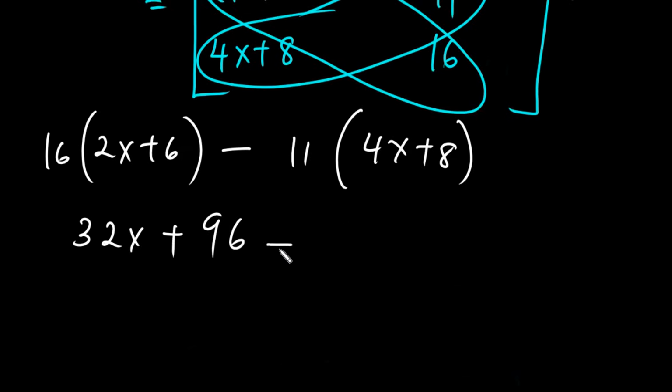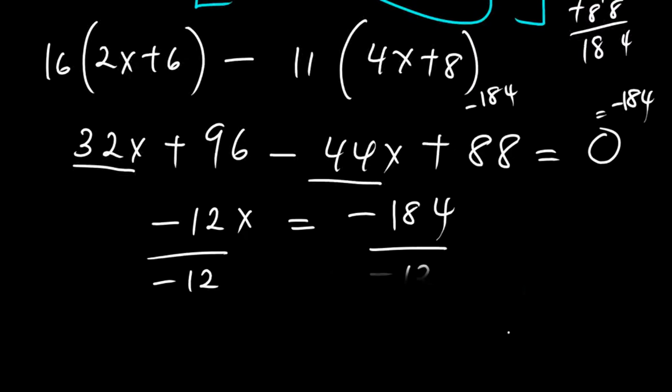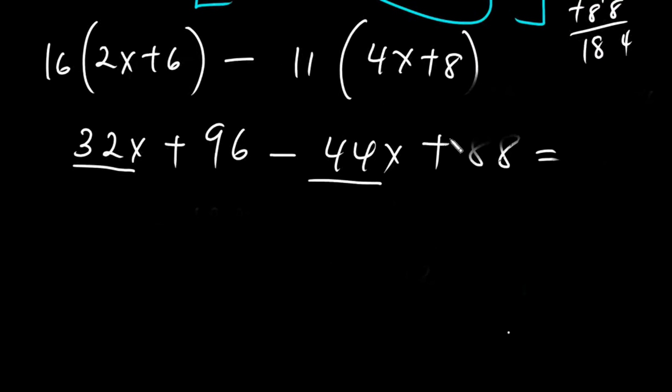And then minus 11 times 4x, which is 44x, and minus 11 times 8, which is minus 88.